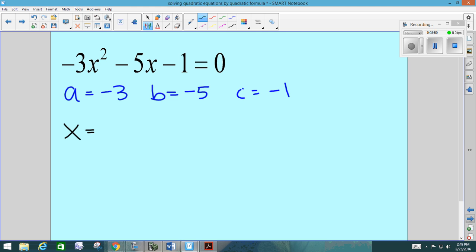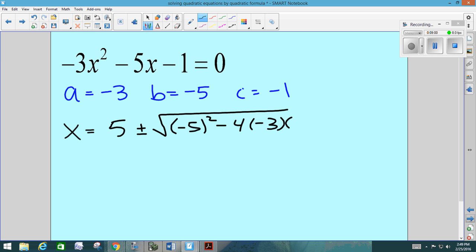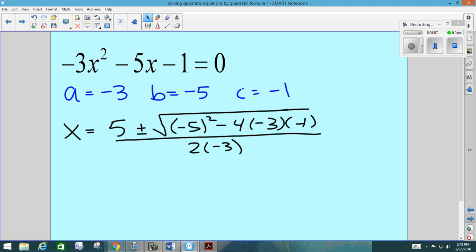You're going to put a positive 5 out front. Plus or minus the square root of b squared minus 4ac all over 2a. Double check that you have that for your first line of work.